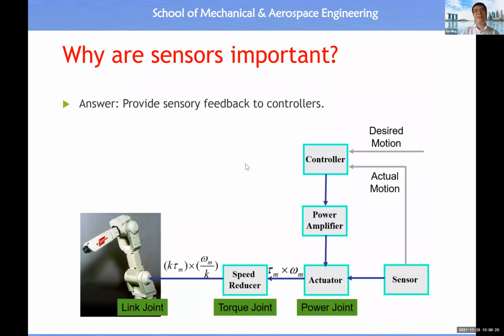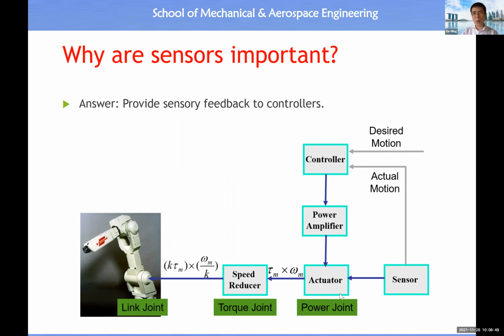And then this slide highlights to you the scenario of a sensory motor interaction, because inside the robotic arm, we have a sensor, and you see, for each robotic joint, we will, in normal case, incorporate link joint, torque joint, and the power joint. And behind the power joint, you will see the presence of a sensor, okay?